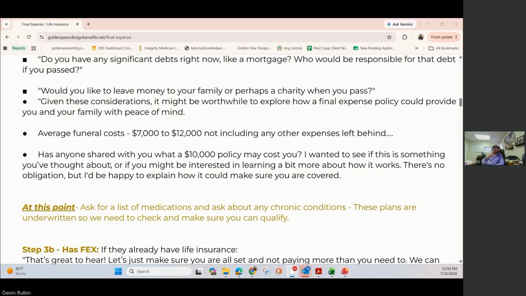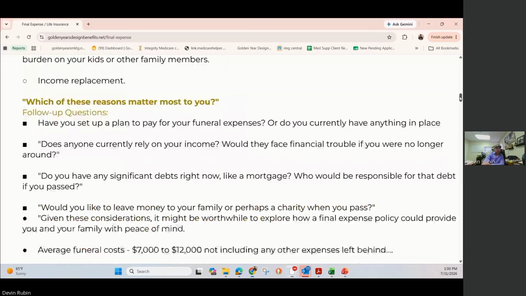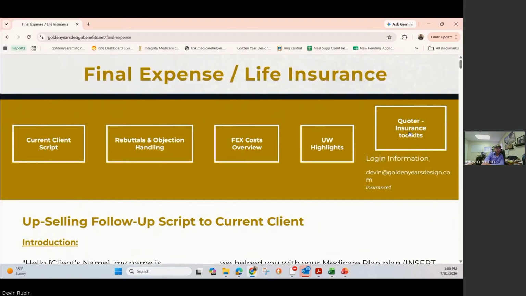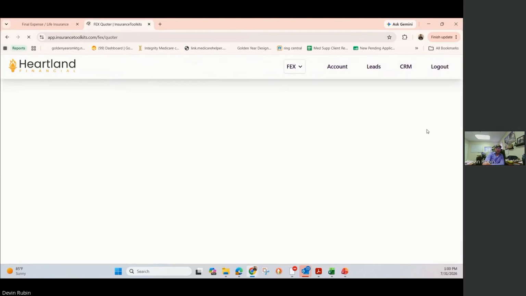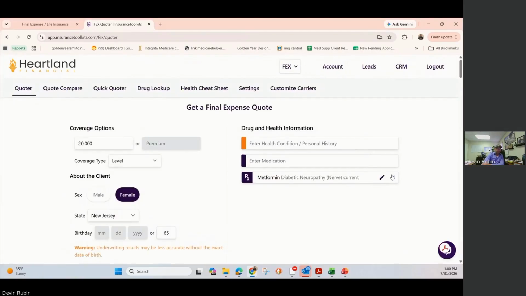So at this point, you've explained and had a good conversation with them about the value of life insurance, protecting their family from future financial obligations, and then you've done a basic underwriting on their medications and chronic conditions. So at this point, we're going to log into our quote engine, and we're going to run a quote for them.